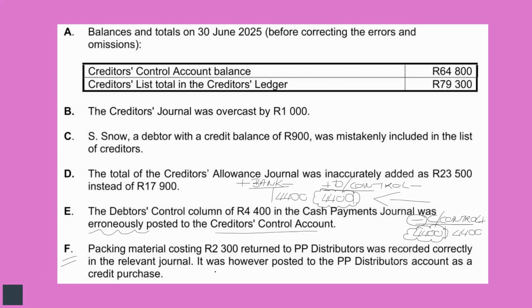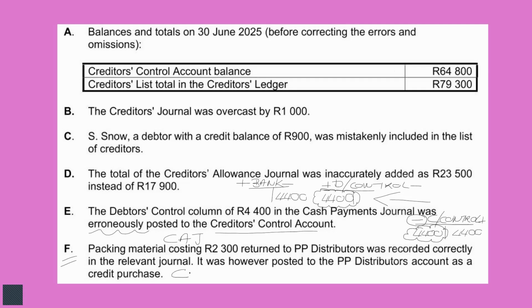Packing material costing 2,300 Rand returned to PP Distributors was recorded correctly in the relevant journal. Which journal would that be, Mrs. Spano? That would be the CAJ, the Creditors Allowances Journal. It was, however, posted to PP Distributors account as a credit purchase.